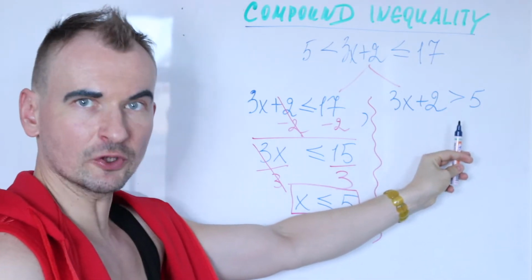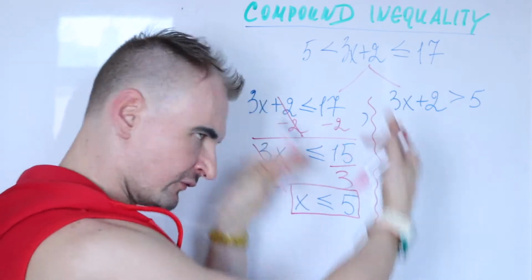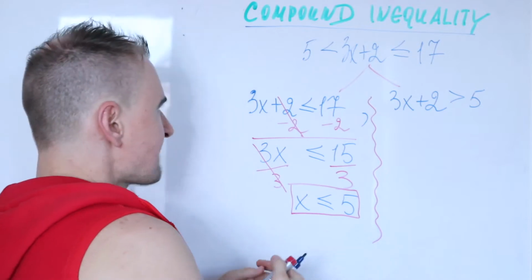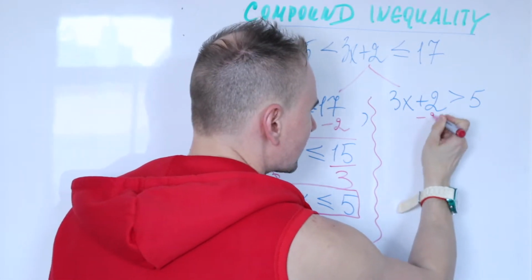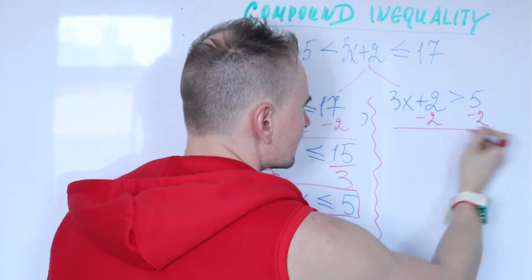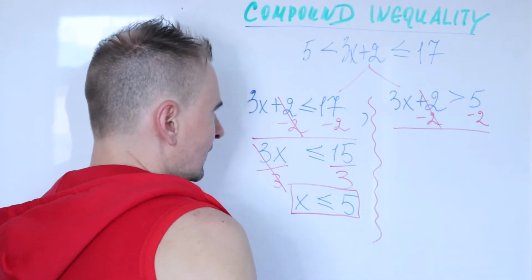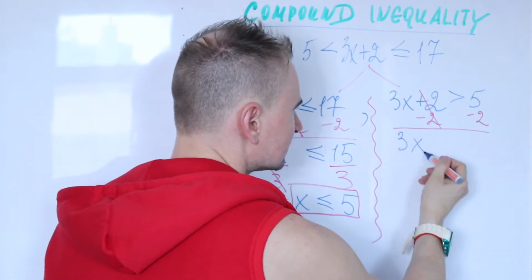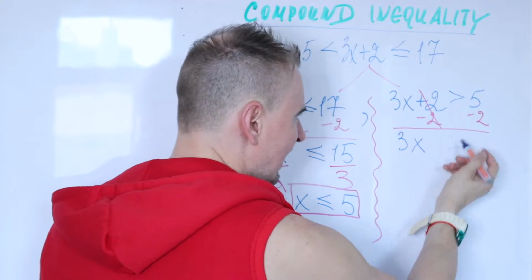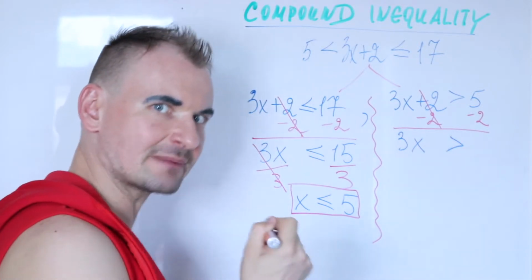Now, don't forget we have the second one. We solve them separately. Using the same steps, you subtract 2 from both sides. Carry down this 3x. You keep the same sign, you don't need to change it because we're subtracting.